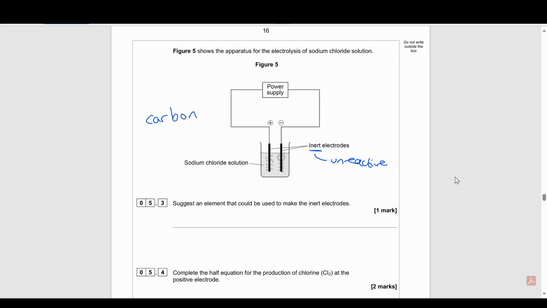Now that is an element that won't react with anything in the solution, so that would be appropriate. Remember also that carbon can be used to make certain molecules, specifically giant covalent molecules. So a giant covalent molecule that will contain carbon that could be used would be graphite.